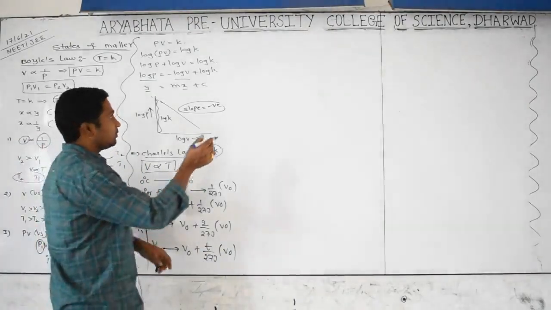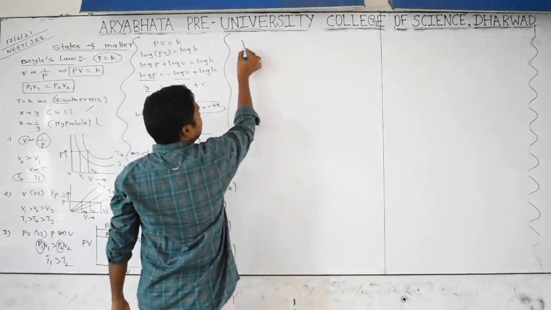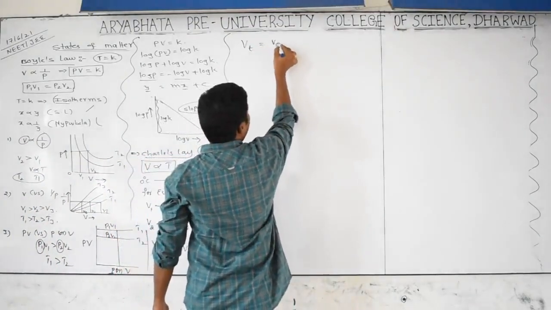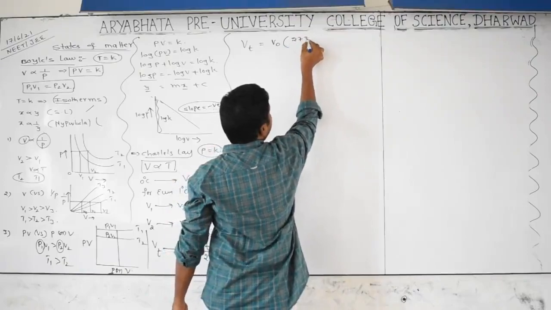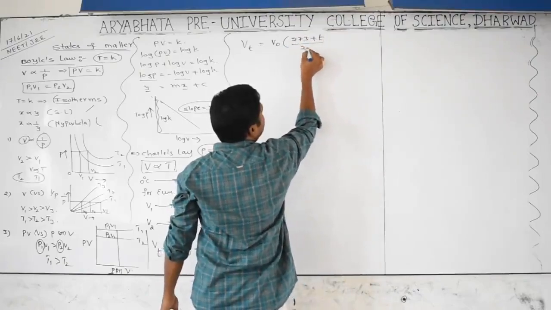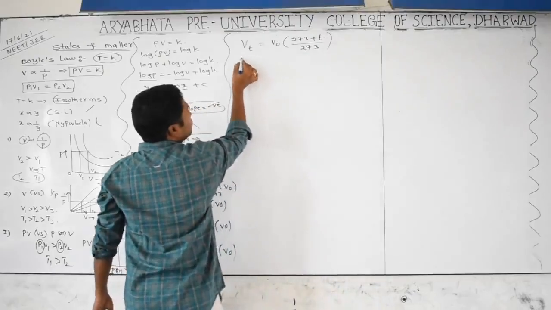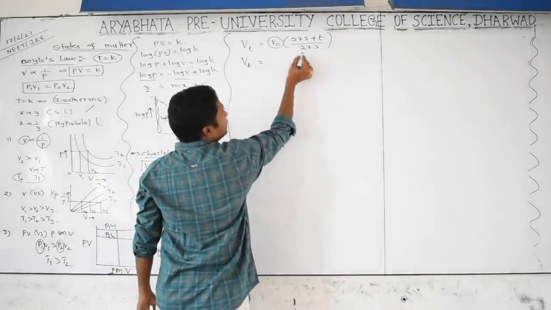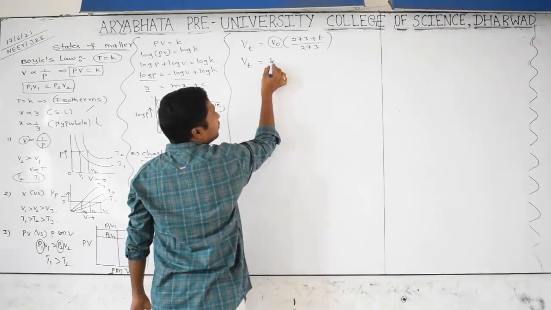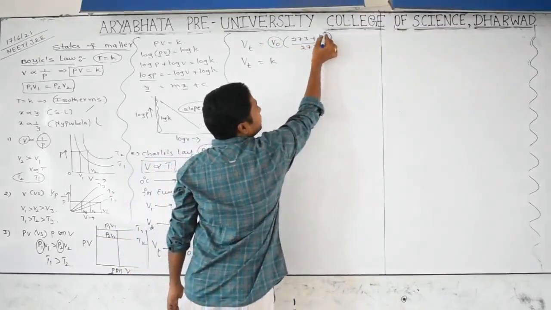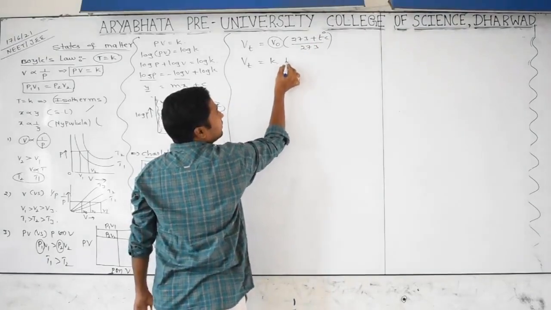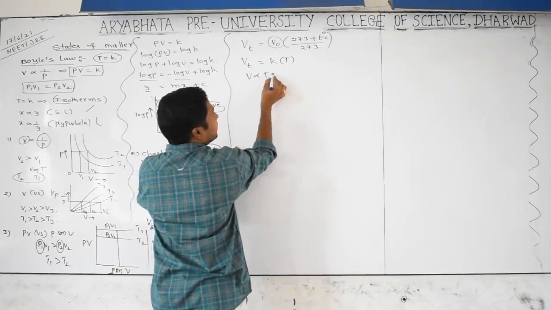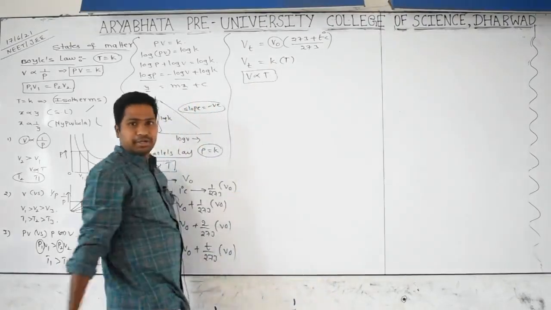Simplifying, the volume of a gas at T degrees Celsius is equal to, V0 is common, V0 times (273 plus T)/273. V0 is constant, 273 is constant, so we get a constant. 273 plus T degrees Celsius is nothing but Kelvins, capital T. That's why we write that the volume of a gas is directly proportional to absolute temperature.